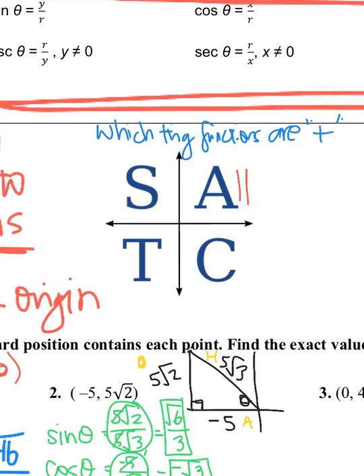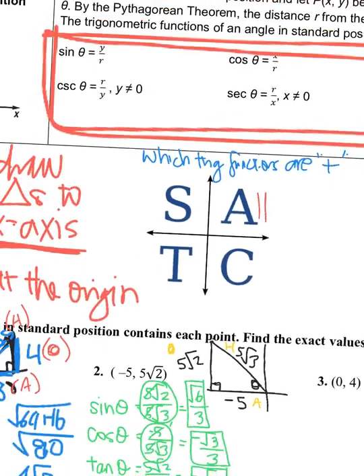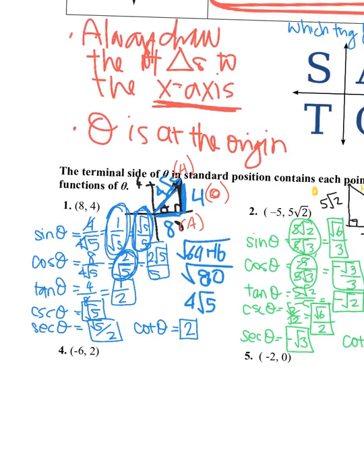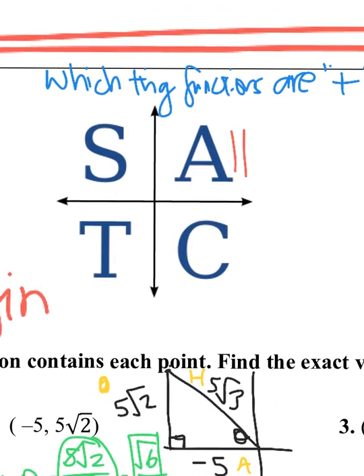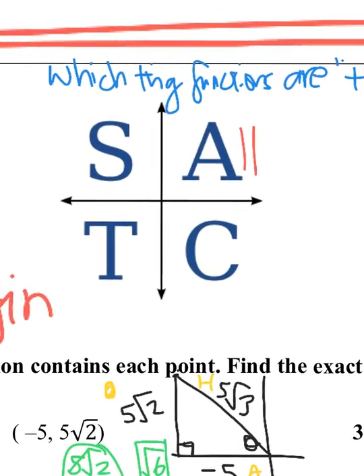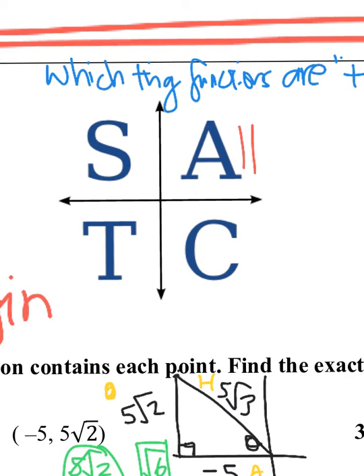So if you noticed in our first example, all the trig functions were positive. That's what happens when you are in quadrant 1. In quadrant 2, sine is going to be the positive one, and the other two are negative.